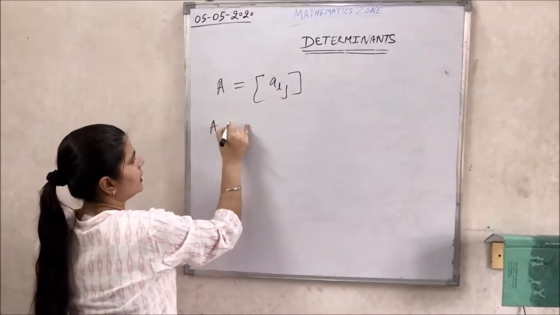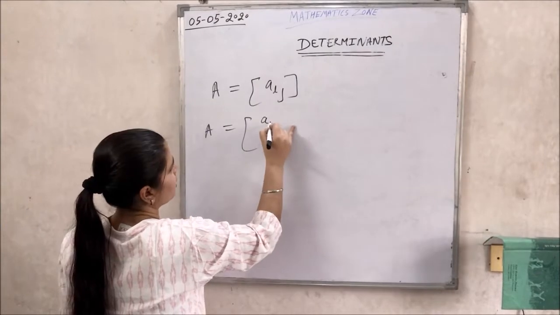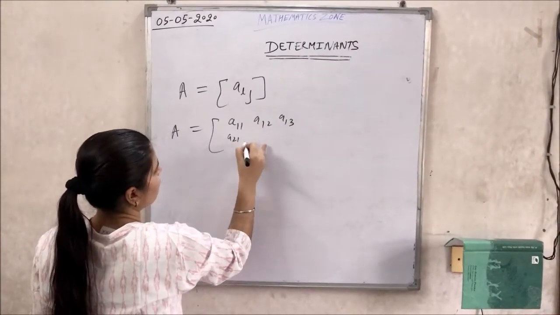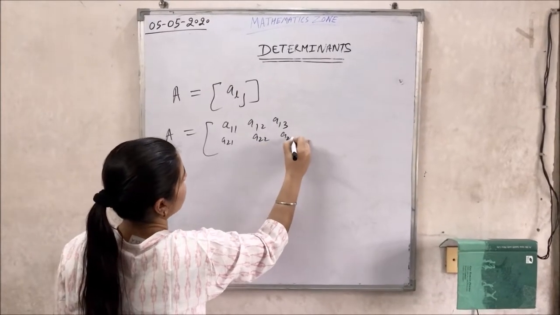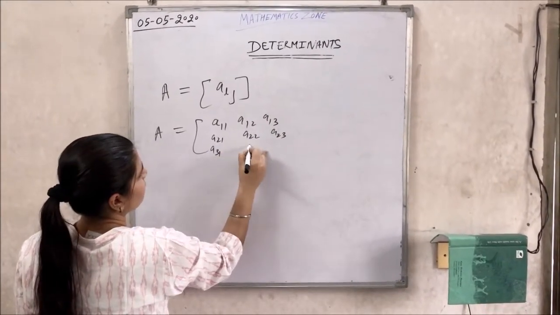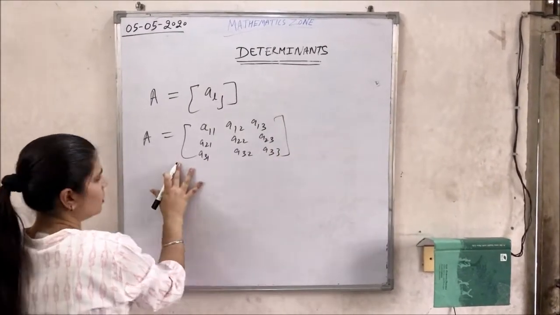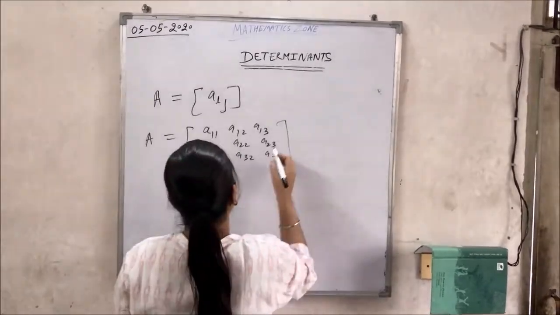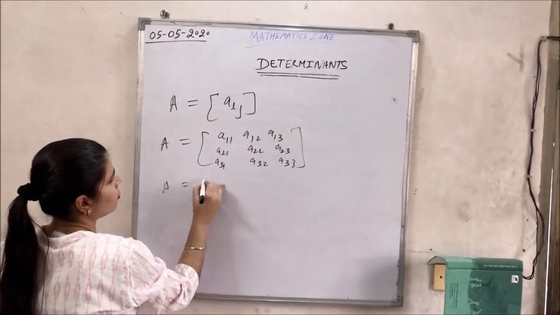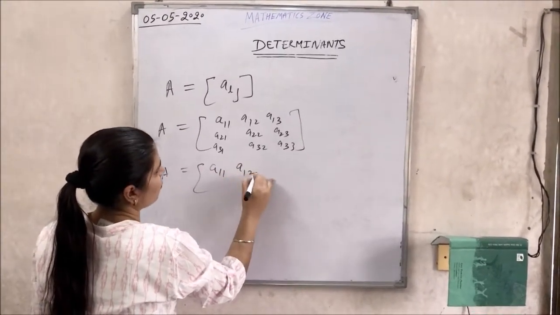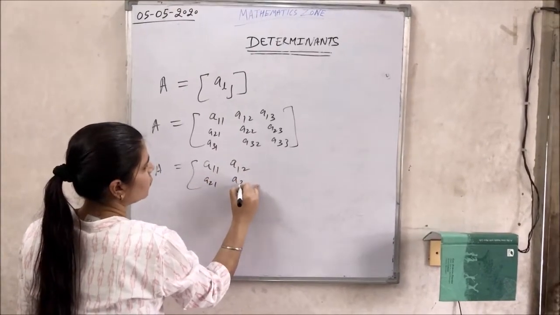So it can be written like this: a11, a12, a13, a21, a22, a23, a31, a32, a33. This is a third order matrix. Similarly, if we want to write a second order matrix, then it is like a11, a12, a21, a22.